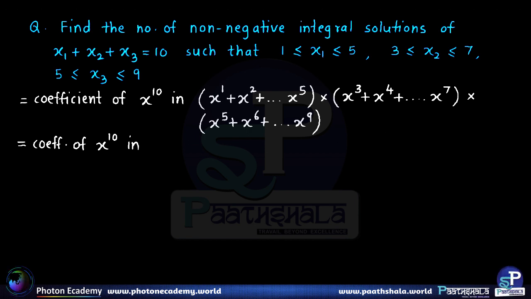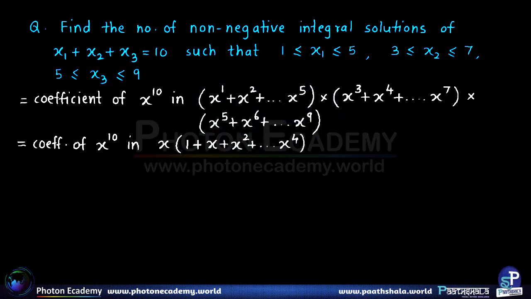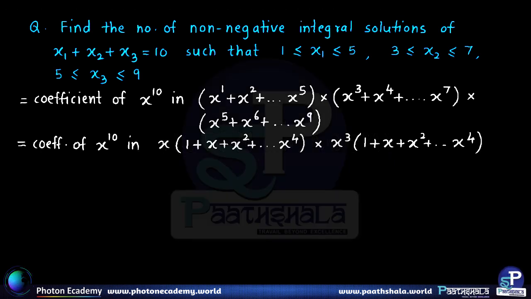Now from the first bracket, we can take x common. So that will give us x into 1 plus x square plus so on up to x raised to 4, multiplied by, from the second bracket, we can observe that x cube can be taken common, leaving 1 plus x square and so on up to x raised to 4 inside the bracket.